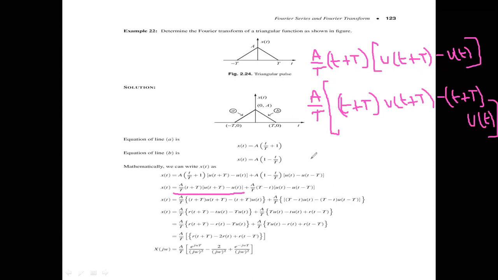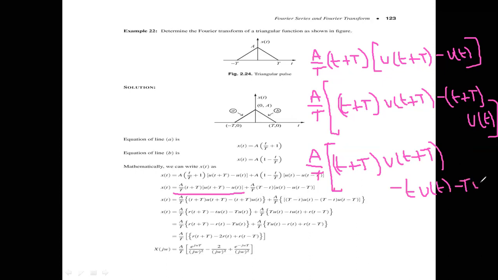And again, rewrite this expression as A by T, T plus capital T whole multiplied with the mu of t plus T. Now I'm writing this as two functions, T with mu of t and capital T with mu of t, minus T mu of t, because here the minus capital T is there, minus capital T mu of t.